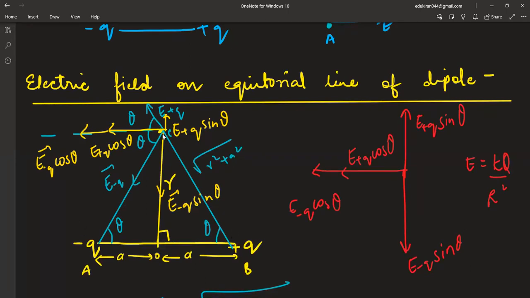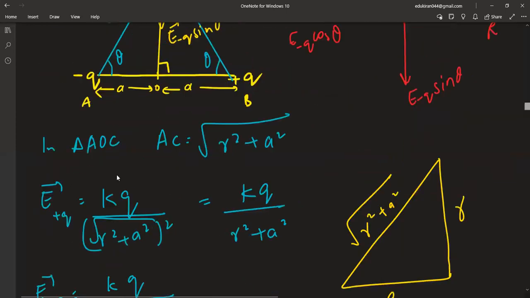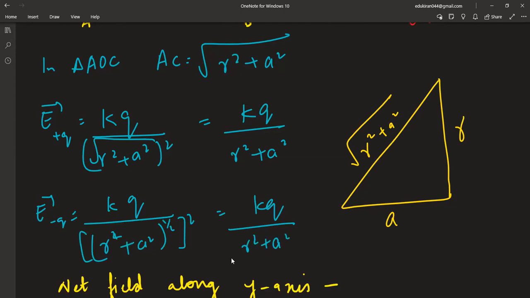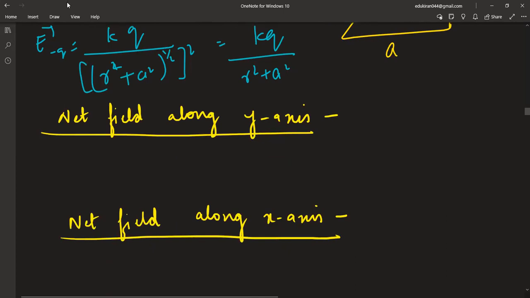So at this point we are trying to find the electric field due to this Q. So K, Q and the separation square. This becomes K Q by r square plus a square to the power half to the power square, meaning under root to the power square. That becomes KQ by r square plus a square. So both are same. Magnitudes are same, sine thetas are present.